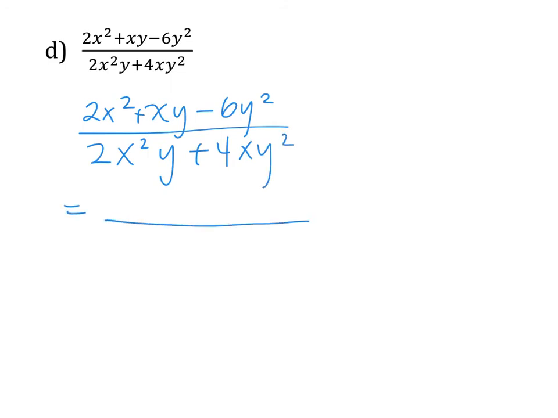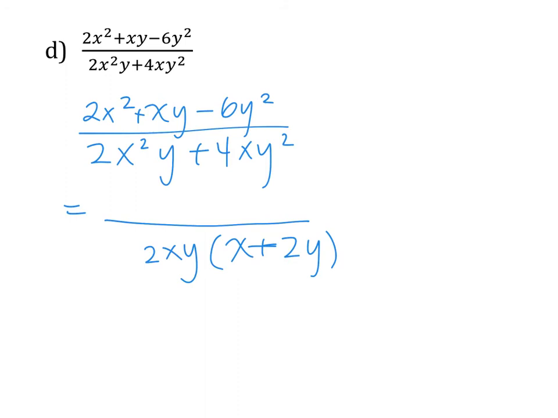Here, looking at my denominator, I'm going to factor them out. They both have at least 2 and at least 1x and at least 1y. And then I'm left with an x in the first term, and in the second term I'm left with 2y.